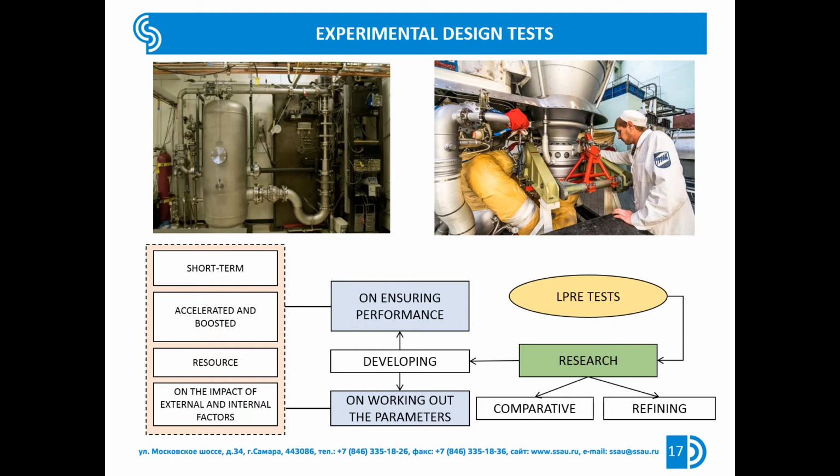Since only 40 to 50% of all design and technological defects are revealed in the process of autonomous tests, it is necessary to conduct developmental tests of full-size liquid propellant rocket engines. In addition, the actual characteristics of liquid propellant rocket engine, primarily thrust, specific thrust impulse, and reliability can be assessed only based on the result of its tests.